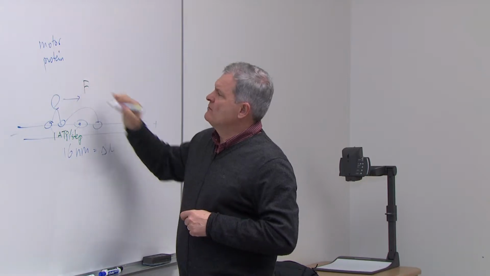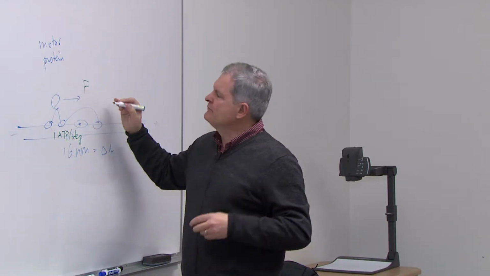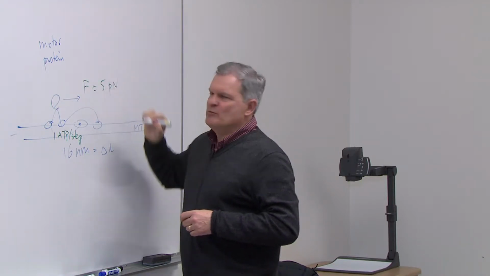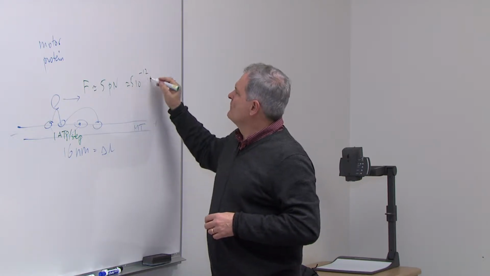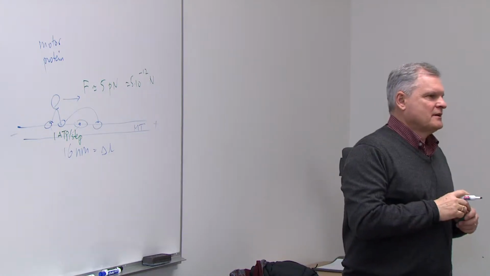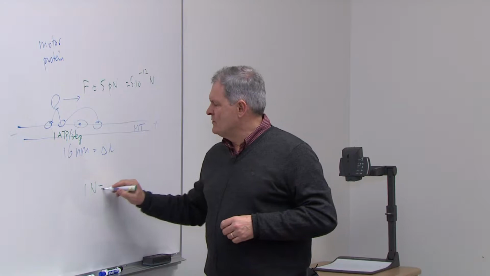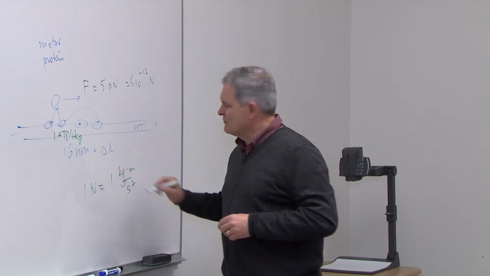The force, by the way, which this molecule exerts is about 5 piconewtons. A piconewton is 10 to the minus 12 newtons. And as you may remember, 1 newton is 1 kilogram times meter divided by second squared.